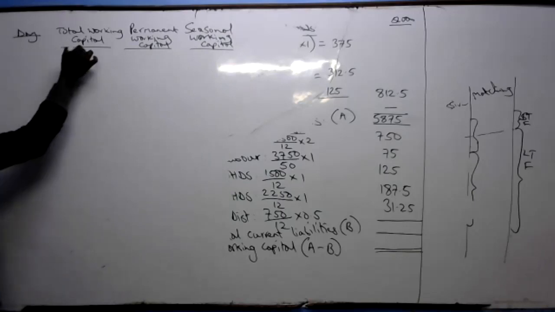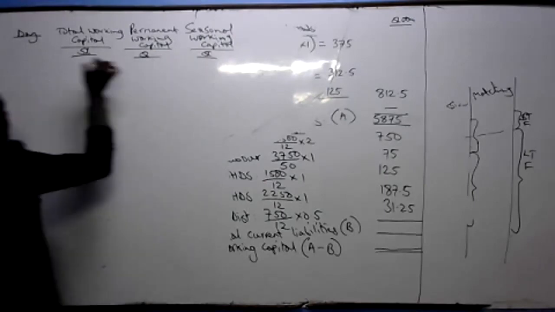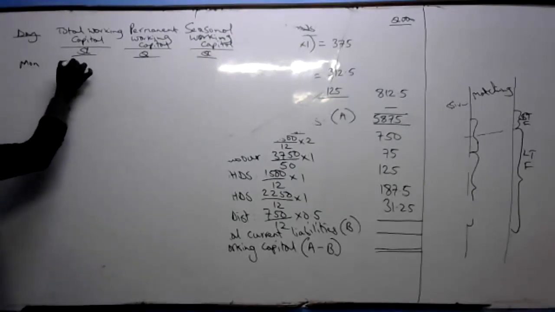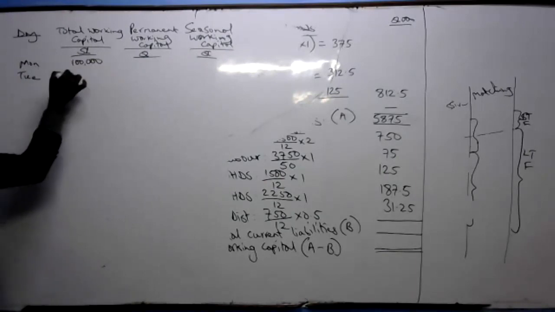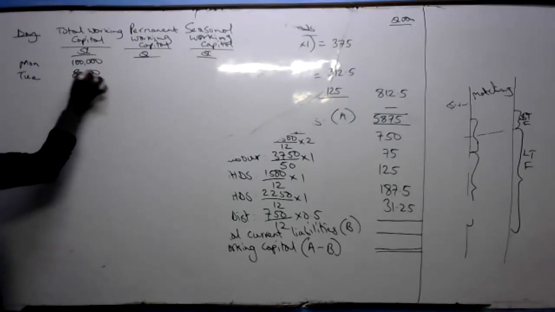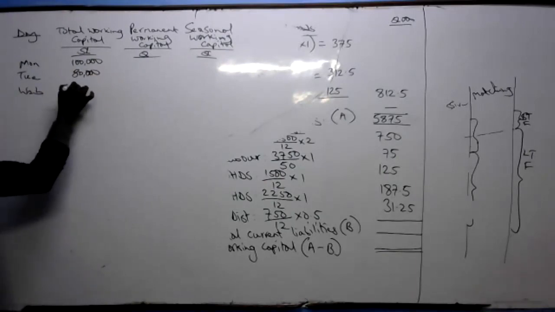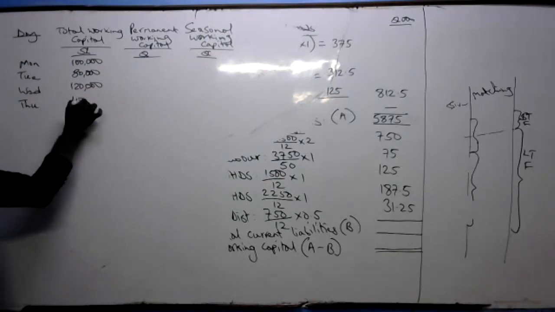So tuko na Monday, because they're in shillings, 100,000. Tuko na Tuesday, 80,000. Tuko na Wednesday, 120. Tuko na Thursday, 110.